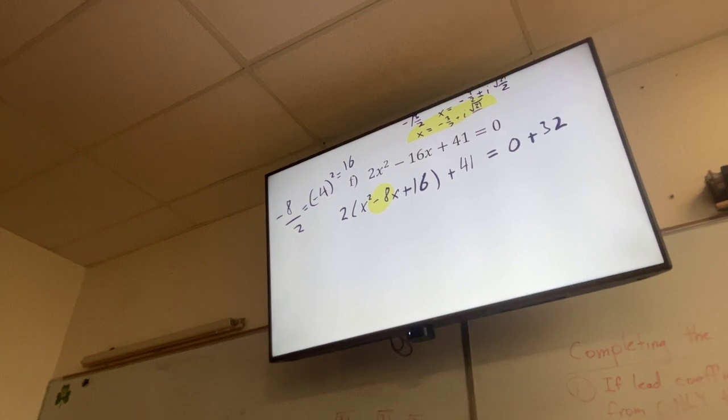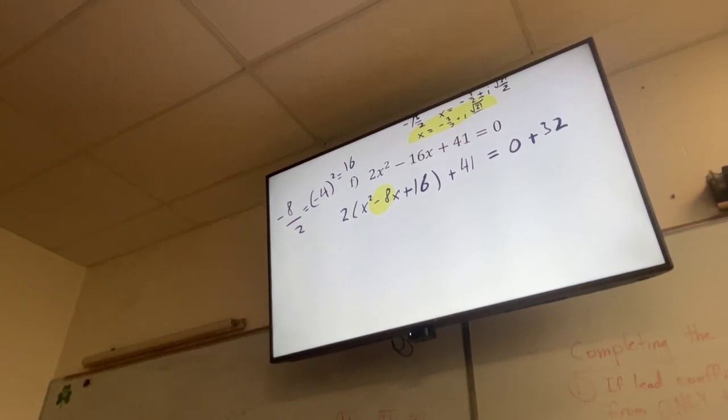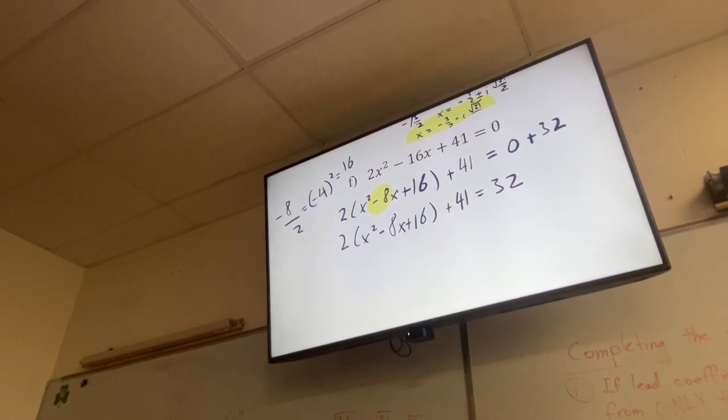So when you have to do step 1, it changes up step 2 a little bit as well, okay? So I have 2 times x squared minus 8x plus 16 plus 41 equals 32, okay? Okay, and then what do these terms inside the parentheses factor to?